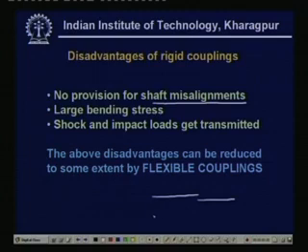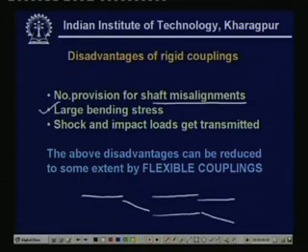Maybe shaft one here, another there, so this is angular offset or angular misalignment, and there may be a combination of both, that is an offset and angular mismatch. So, these are the three basic types of misalignments, and the rigid couplings are incapable of providing for these misalignments.